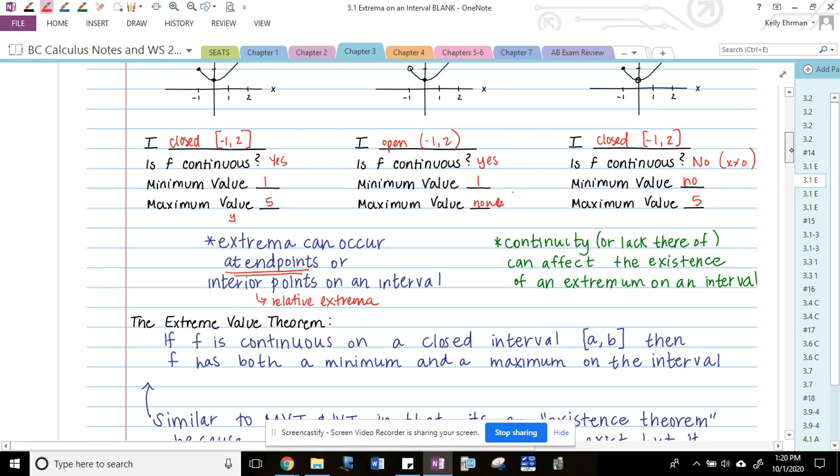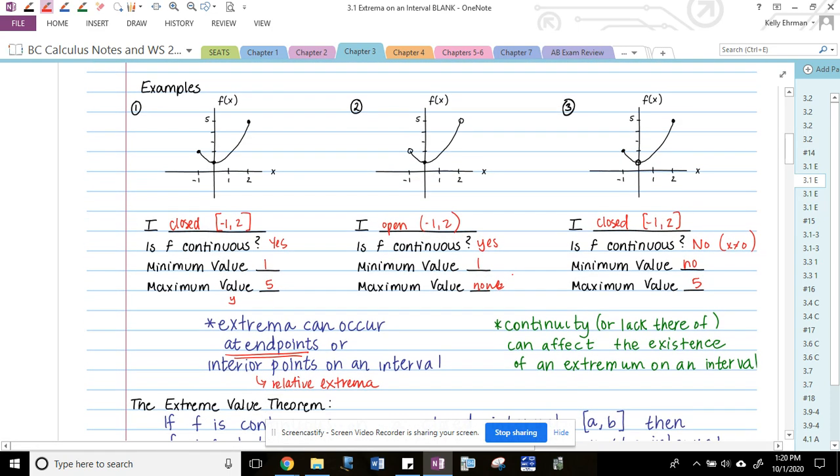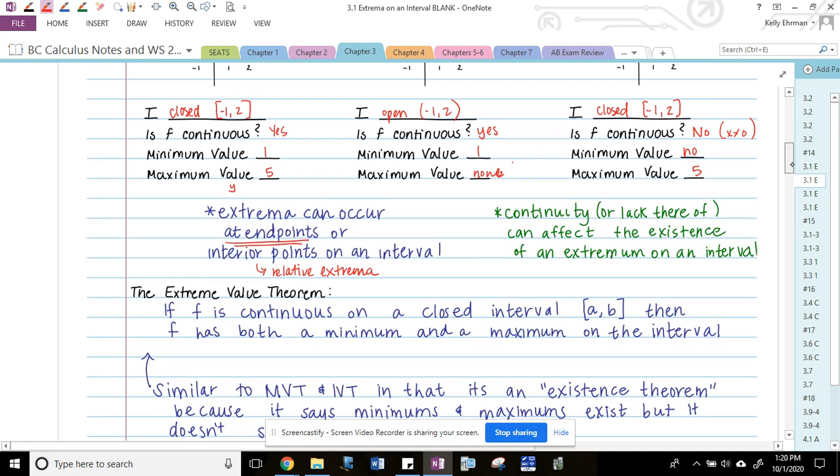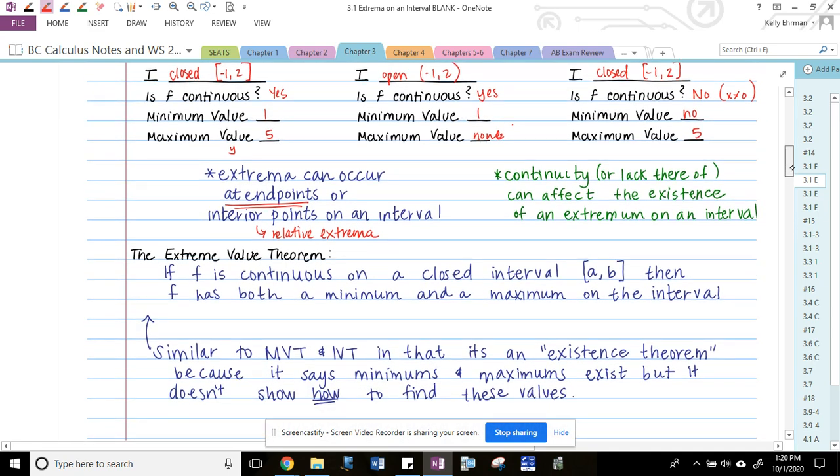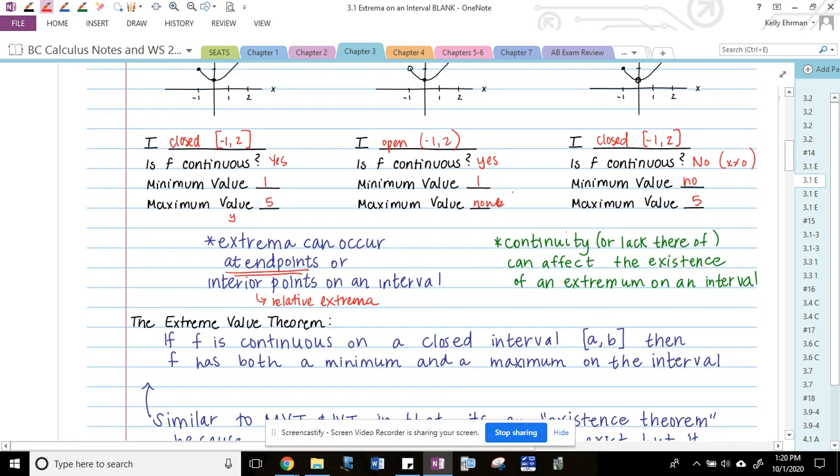If you look at graph 1 and 2, the relative min, where we switched from decreasing to increasing, was the absolute minimum value. And yes, discontinuity can affect the existence of an extremum. That's singular. Extrema is plural. Extremum, max or min on an interval.